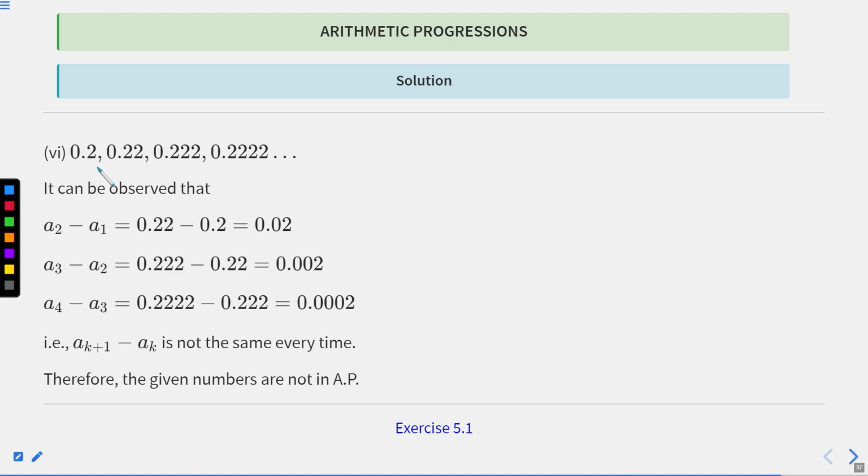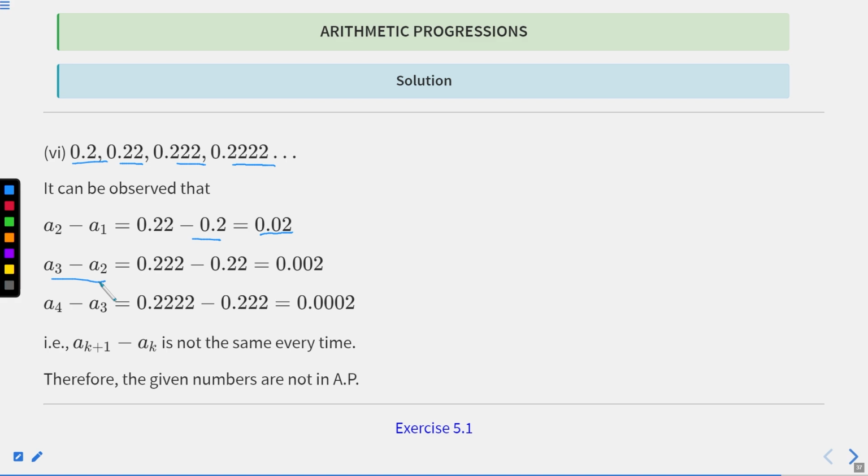In the next one we are given this list of numbers: 0.2, 0.22, 0.222, 0.2222, and so on. It can be observed that A2 minus A1 is equal to 0.22 minus 0.2, that is equal to 0.02, and A3 minus A2 is equal to 0.222 minus 0.22, which is equal to 0.002.